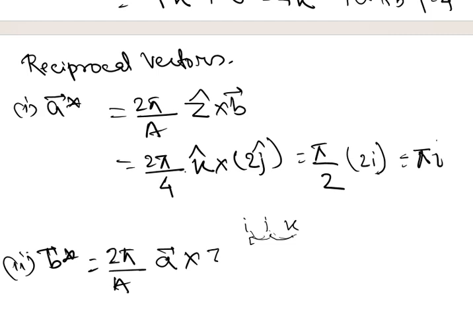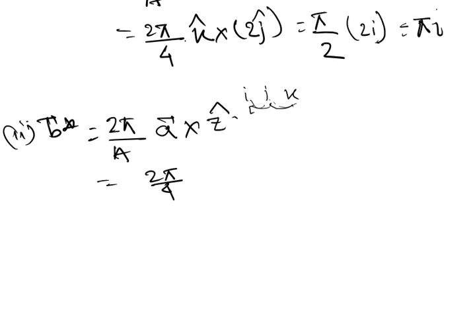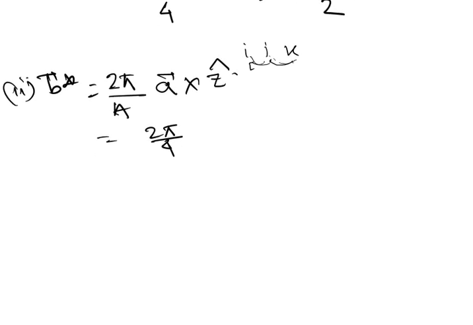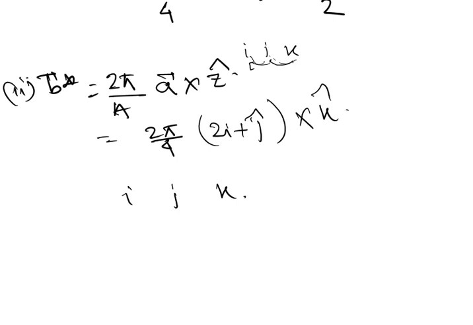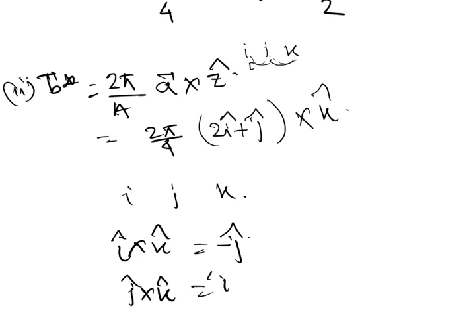So we'll have 2 pi by 4 times k cross (2i + j). So k cross i equals j and k cross j equals minus i.